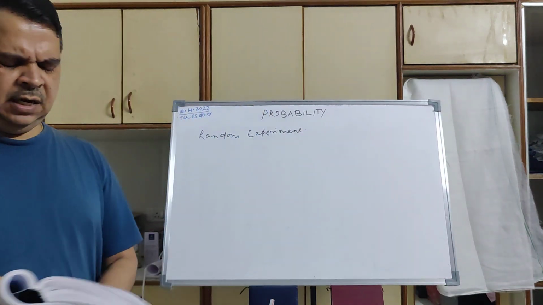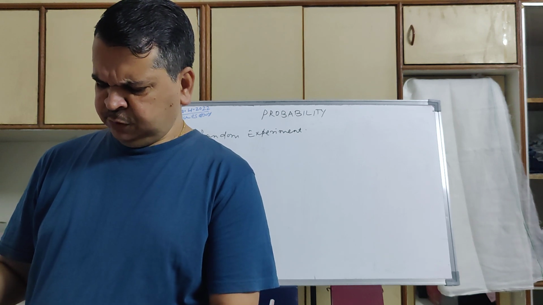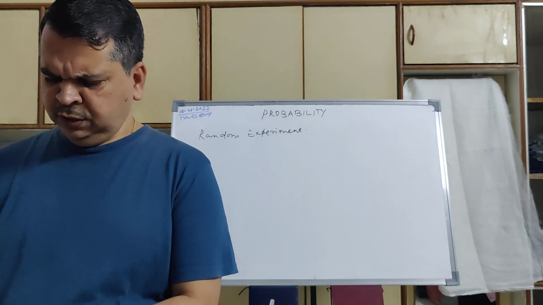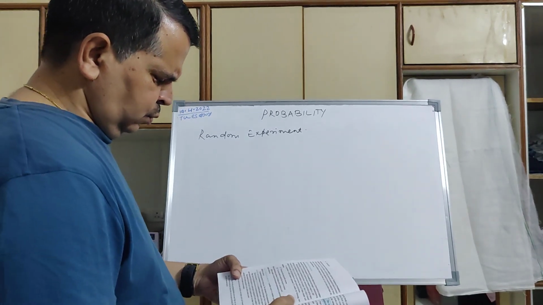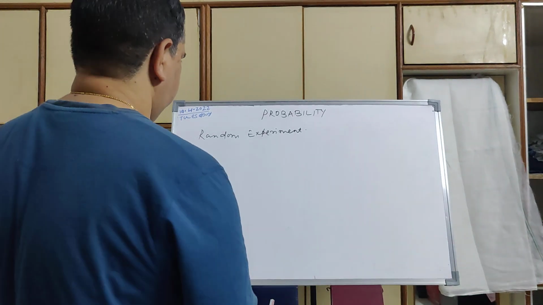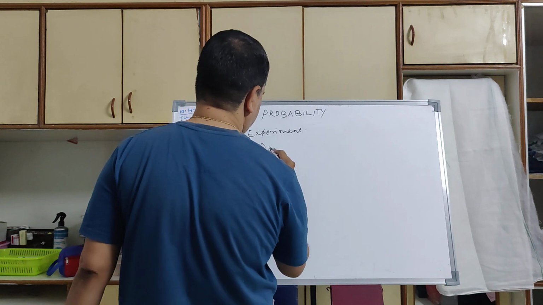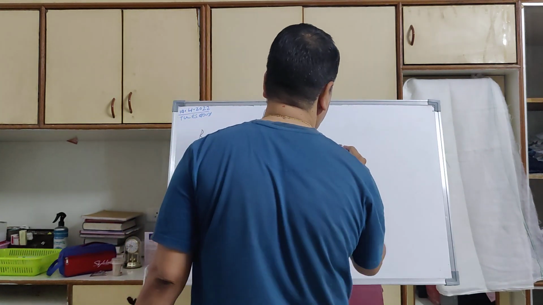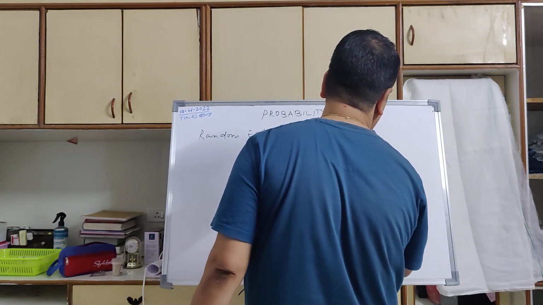So what is a random experiment? An experiment is called a random experiment if it satisfies the following two conditions. One, it has more than one possible outcome.